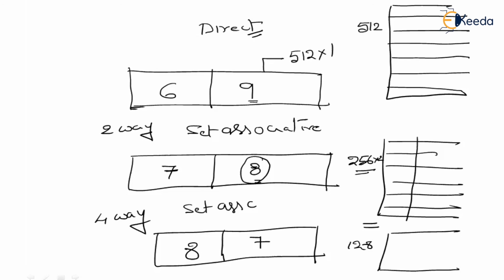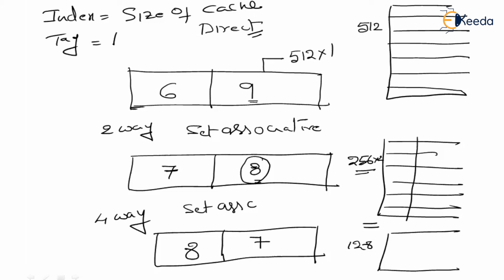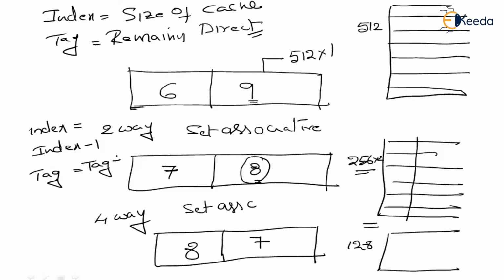This is the thing. Direct mapping: index plus tag. Index is determined by the size of the cache, and tag is the remaining digits. In two-way set associative mapping, index is equal to index minus 1, and tag is equal to tag plus 1.